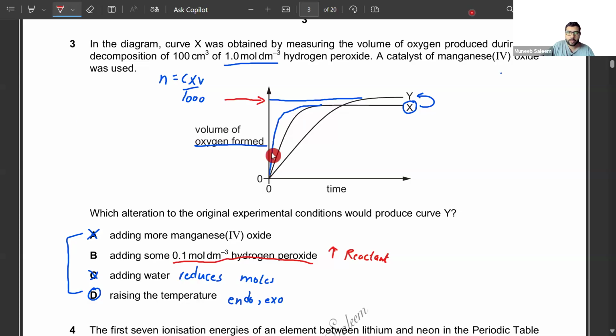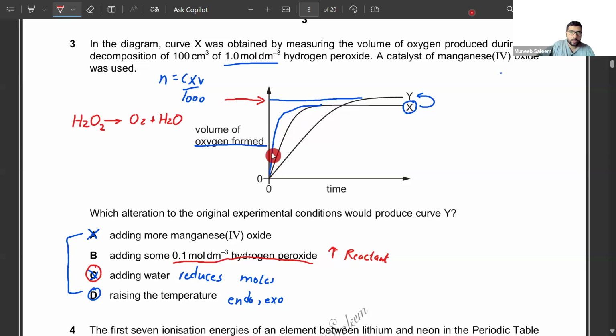We know that it is a reaction like this: H2O2, when decomposed, produces O2 plus H2O.